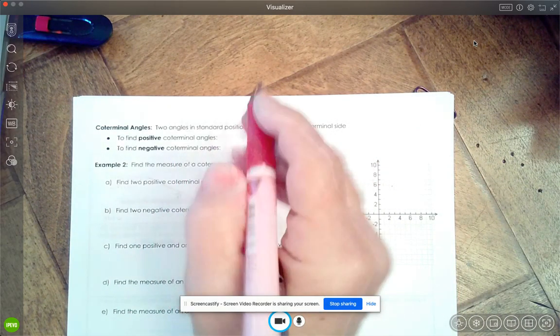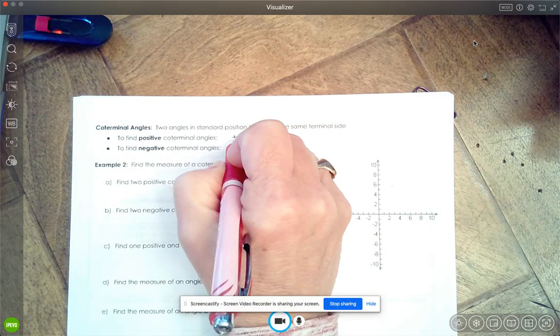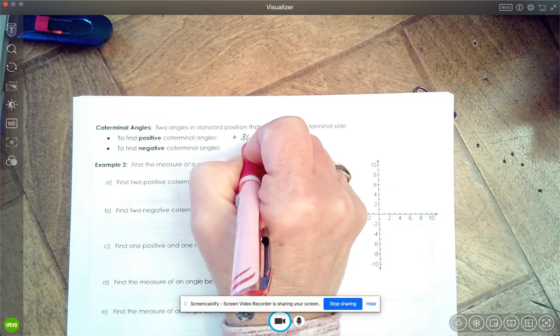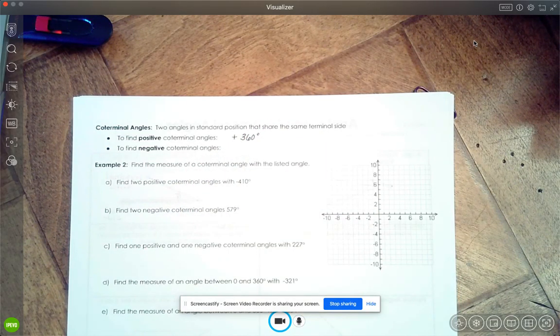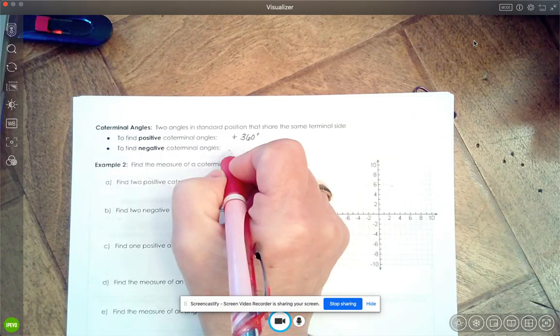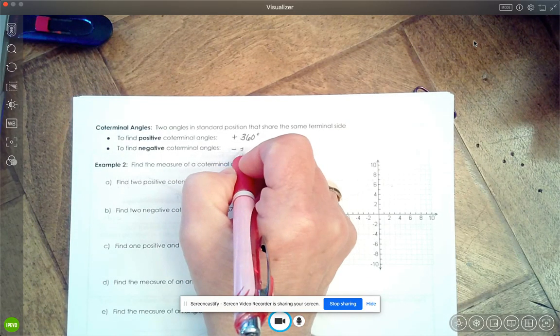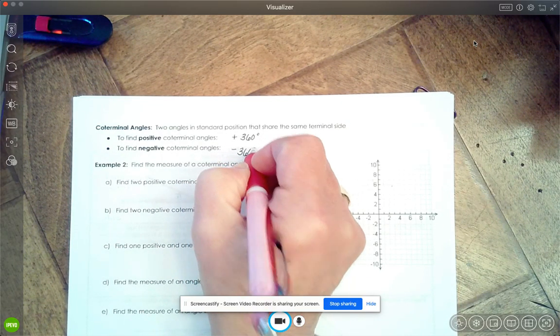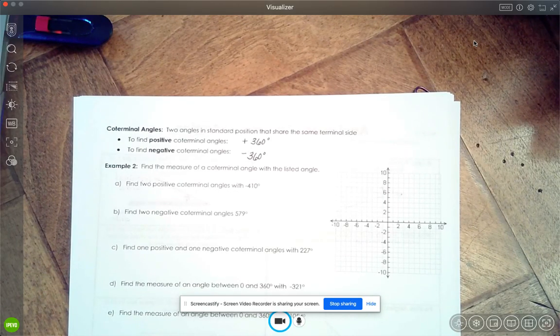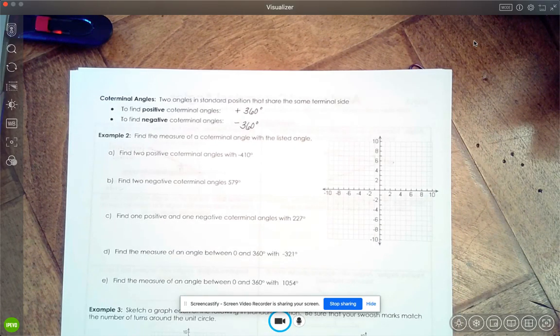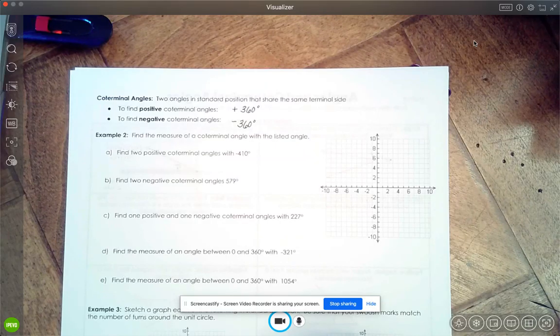So to find a positive coterminal angle, I'm going to add 360 degrees until I get a positive angle. To find a negative coterminal angle, I'm going to subtract 360 degrees until I get a negative angle.